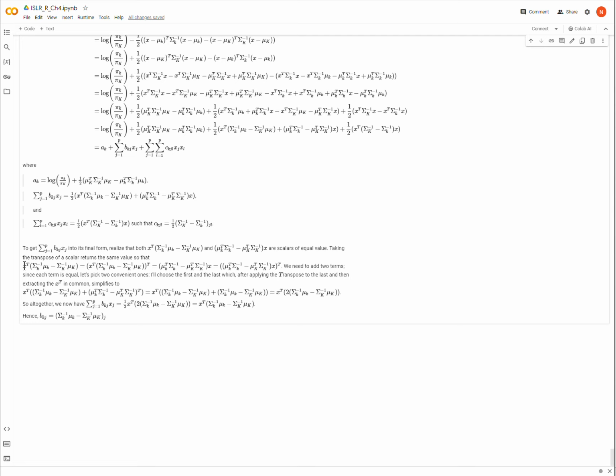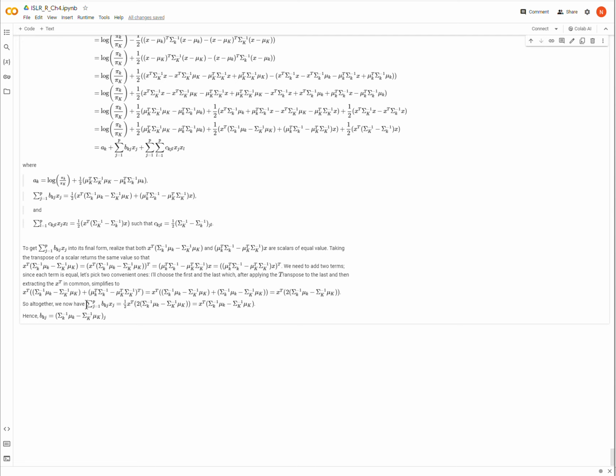So I'm going to pick this first one, and I'm going to pick this last one. Now this last one has a transpose on it, and when I apply that transpose, I just get the first expression back. So this final expression transposed is just the first expression.